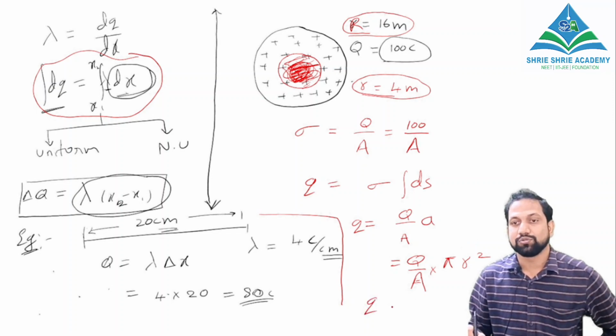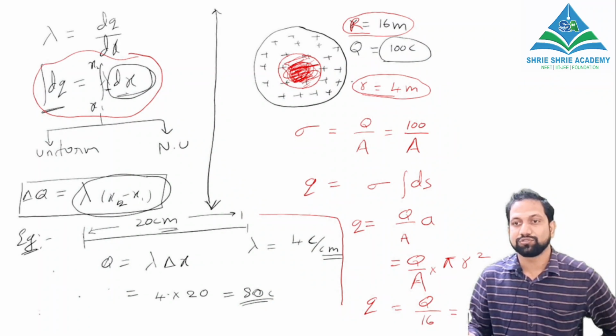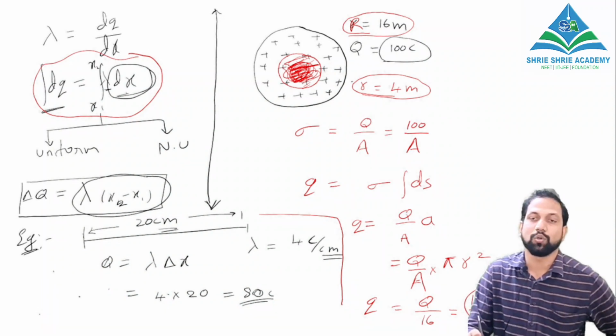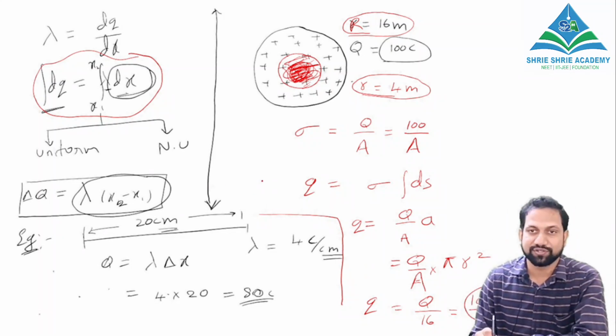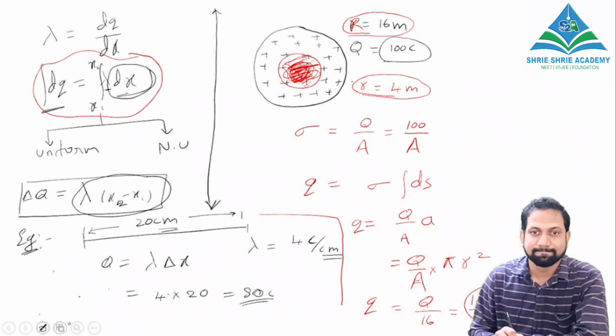So the small q that has been removed equals Q by 16, that is 100 coulombs by 16. This much charge has been removed by drilling the hole. This is how we have to deal with continuous charge distributions.